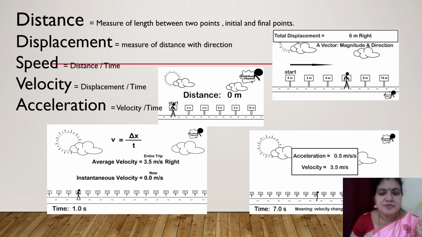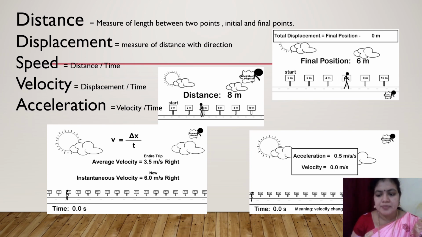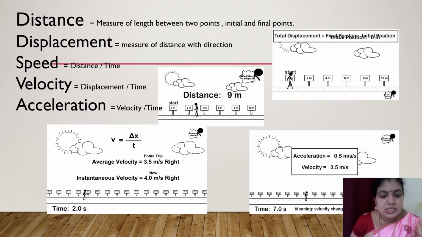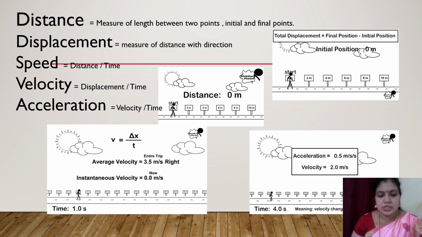If we think of speed, it is the rate of distance with time. So how much distance he has covered with the time. Velocity is the same, distance by time, with direction included. So it becomes the rate of displacement with time.